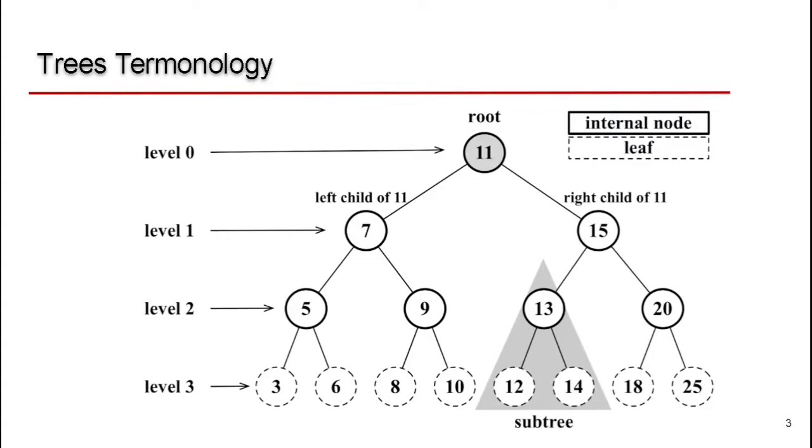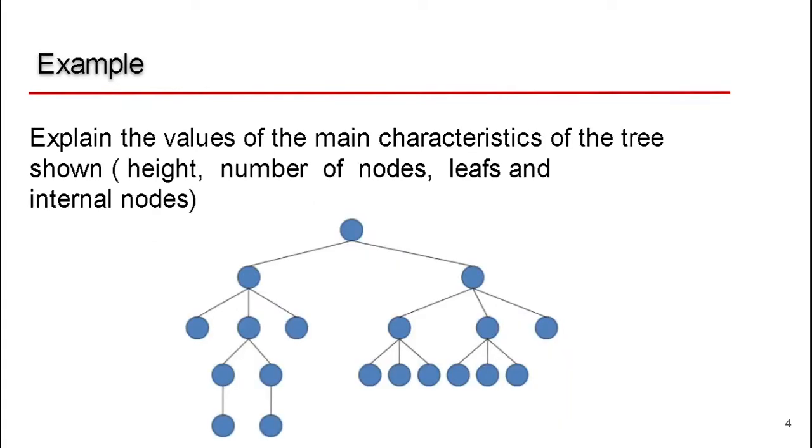You have only one root, and you can have multiple leaves and multiple internodes or internal nodes. Any question? Yeah. So just to have a simple exercise for such a tree, how many nodes do we have here?